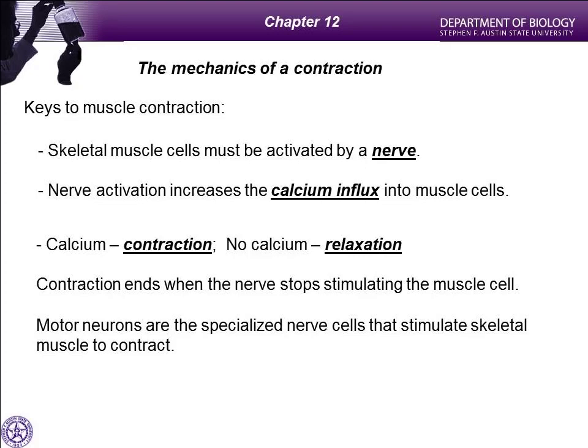That's why we say it narrows. The H band is going to disappear because you're filling those spaces with actin as you're sliding them closer to the M line, and now in a contracted state, the A band is going to be totally dark. And when we slide the actin and myosin, the Z lines move closer and closer together.